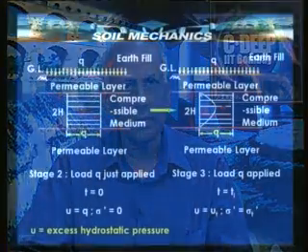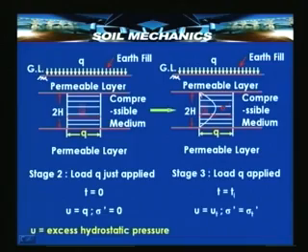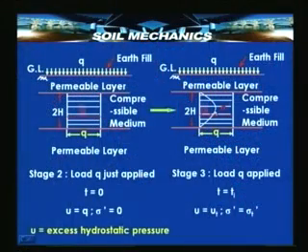This means that the excess hydrostatic pressure distribution at any instant of time will not be uniform, but will vary with depth. The least excess hydrostatic pressure, corresponding to a value of 0, will occur at the top and the bottom if both the layers are draining, and the maximum will occur at the center.